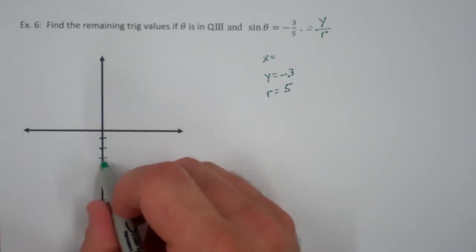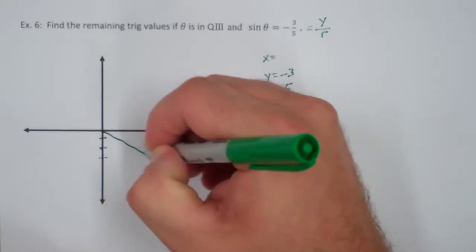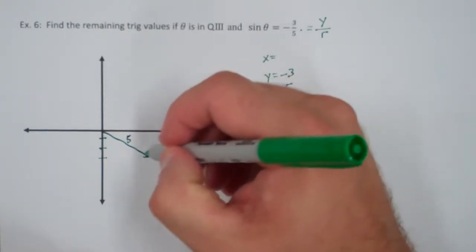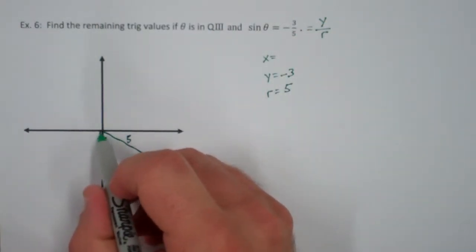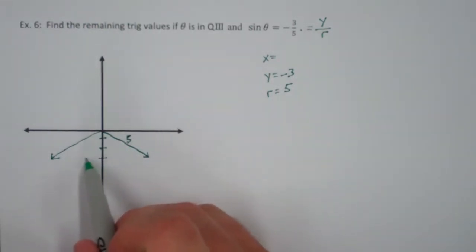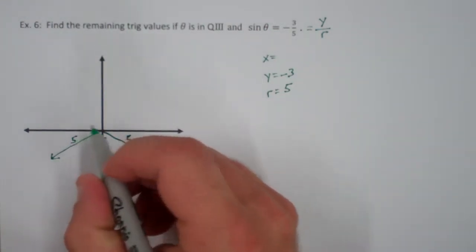So let's make this the y. And our angle could be maybe here, where that radius is 5. Or it could be over here. Either way you cut it, you've got a y value of negative 3 here, the radius of 5.